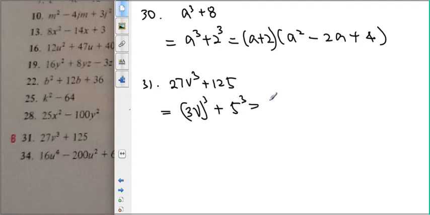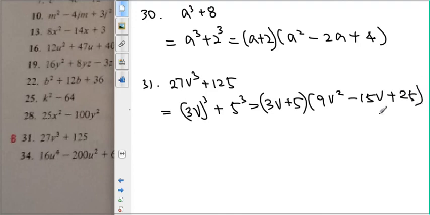Then using the formula, we get 3v plus 5 is the first factor, and the second factor is 3v squared, which is 9v squared, and opposite sign, which is minus the product of those two, which is 15v, plus the square of the last one, which is 25. And as you can see, this one cannot be factored anymore. So therefore, this is the answer.